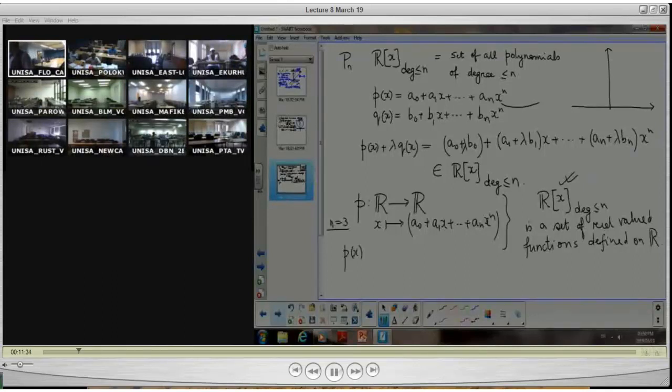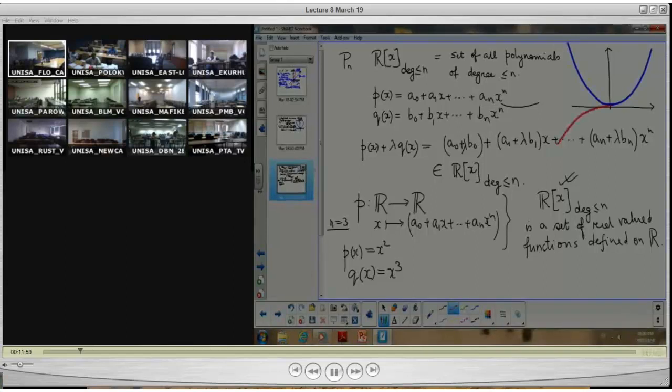Suppose your p(x) is x squared and q(x) is x cubed. Then here is the graph of p(x).